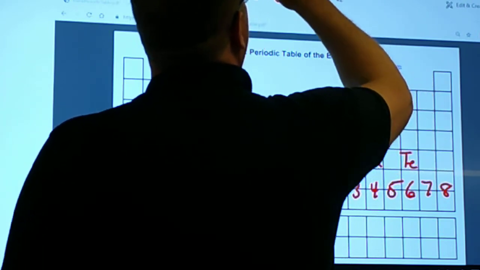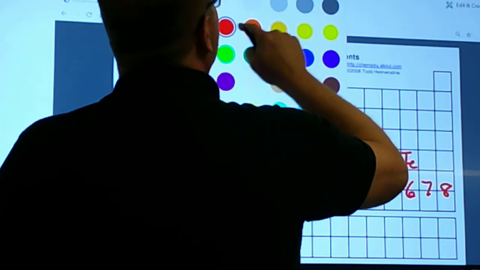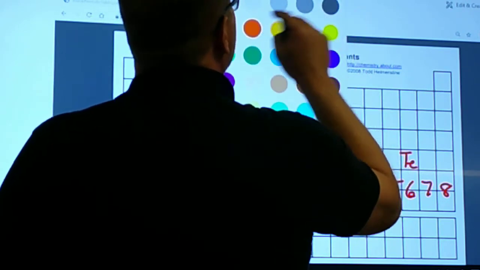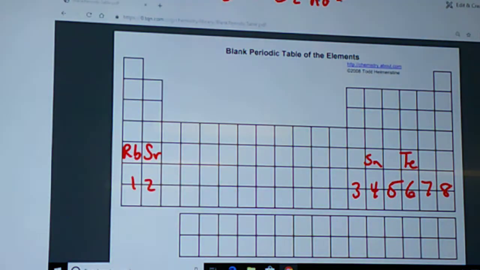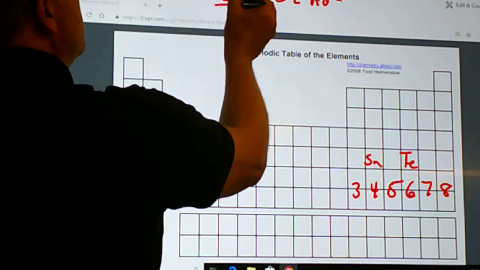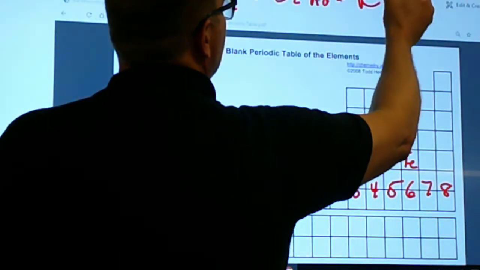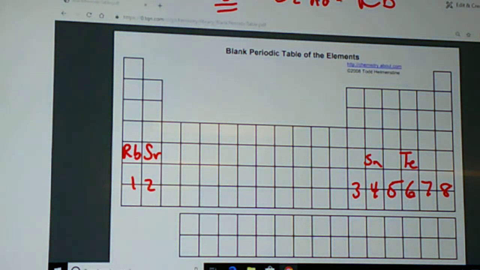So let's say I want to do my first to second ionization energy. Which one's the highest? Well, Rb. Why? 1 valence electron.